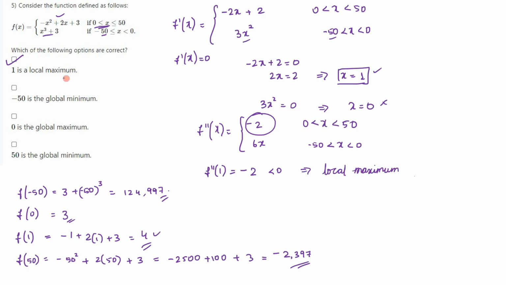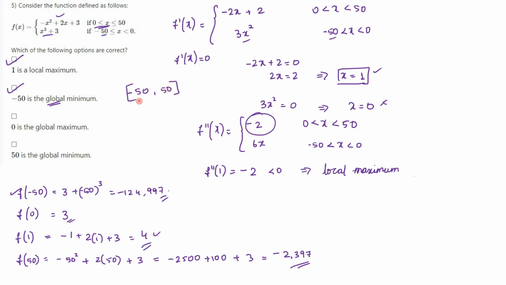Alright, what about in this interval, which is the least value? The least value that we have is for this one, that is f of minus 50. Therefore minus 50 is the global minimum. Global signifies that in the given interval, that is from minus 50 to 50. That is the given interval, right?